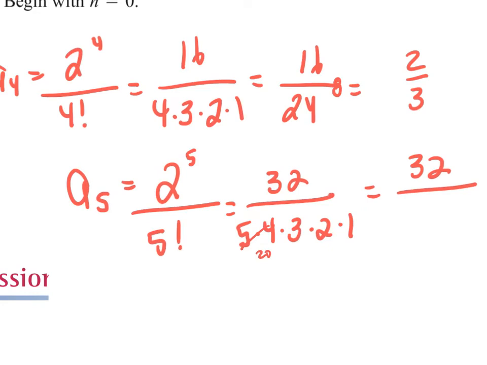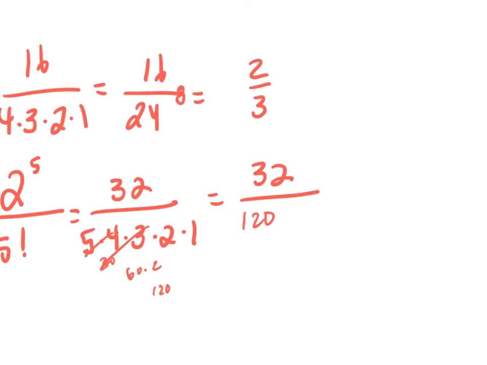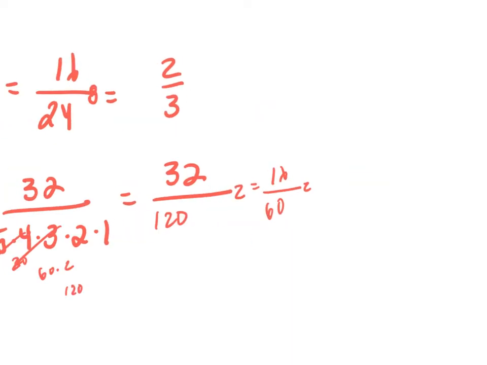Times 3 is? 60. Times 2 is? 120. So this is over 120. And then I can simplify, yeah? Divide by 2. I get 16 over what? 60. Divide by 2 again. I get 8 over 30. Divide by 2 again. I get 4 over 15.